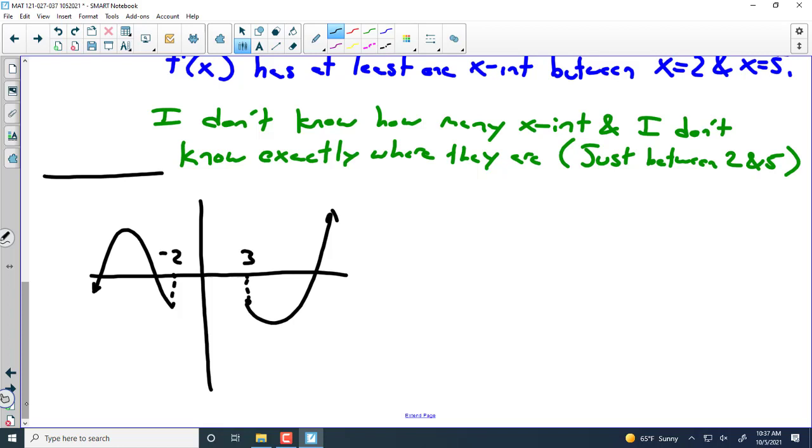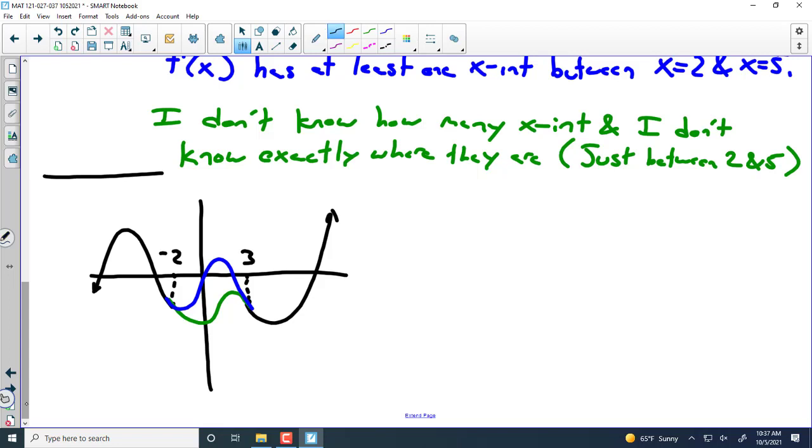There's a really good answer to this one. It's our favorite answer to give in math class, and it's actually right: I don't know. Is it possible that this thing just goes like this? Could that happen? Yeah. Is it also possible that it could go like this? Yeah. So we don't know.